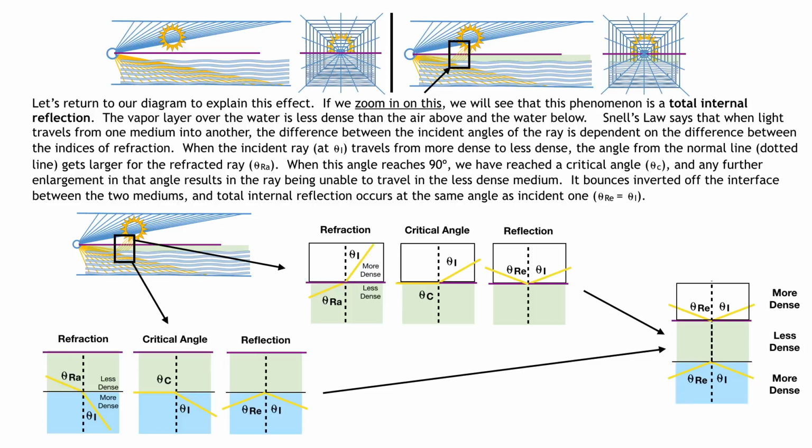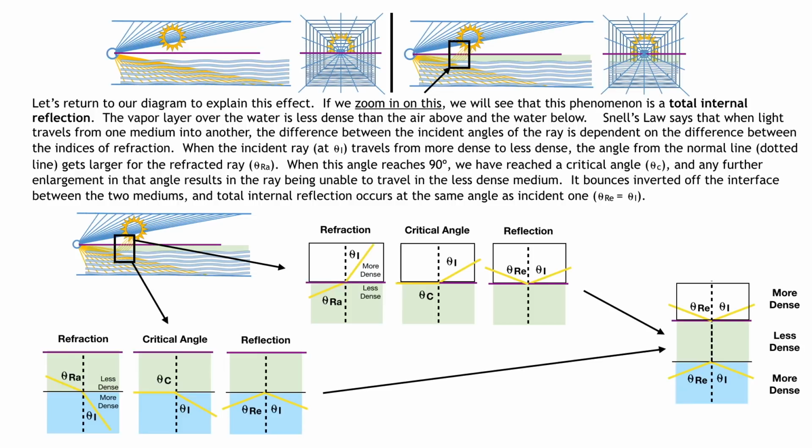So as the ray goes from the water, which is more dense, to the medium that is less dense, you see that the refracted angle is more shallow, and as we rotate that angle within the water and make it more shallow as it exits the water, it's going to get more and more shallow as it enters into that vapor layer. And there's going to be a point where the angle between the normal line and the refracted ray is going to be 90 degrees. So that's called the critical angle.